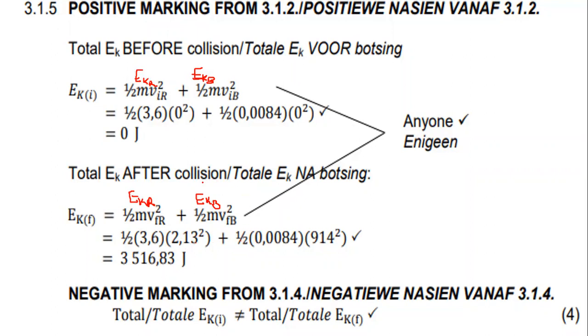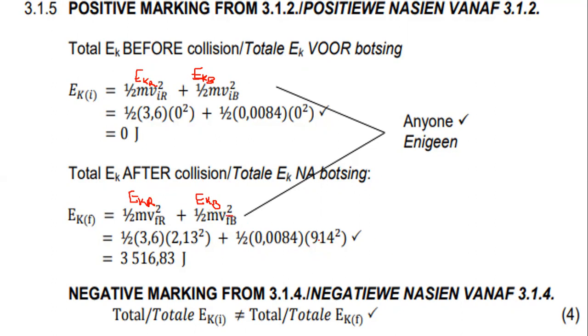Plus, now we go to the kinetic energy of the bullet after the collision. And that will be half multiplied by the mass of the bullet. Remember, it's 0.0084 kilograms. Multiplied by, remember, after the collision, or remember after the firing, the bullet was moving at 914 meters per second. And remember now we have to square it.